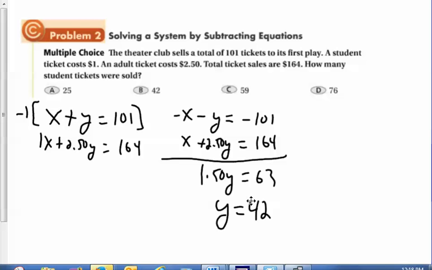So then I go back here and I plug it in and I just do 101 minus 42, right? That's 9, that's 11, so that's 9. So 89 kid tickets were sold. Or not 89. How many student tickets were sold? You do 101 minus 42.